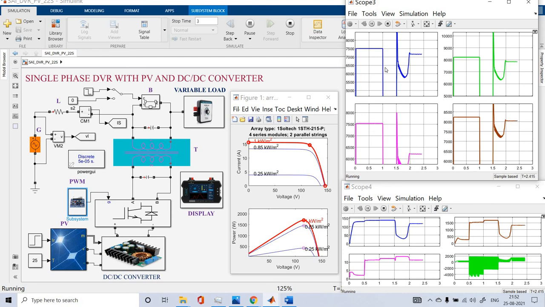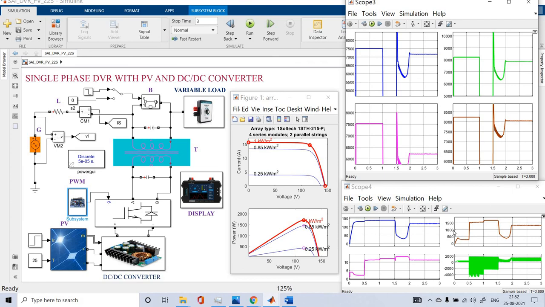Please see, the load output is 8000 plus, it may be 8200 or 300. Here we are going to see 7500 is what we obtain.